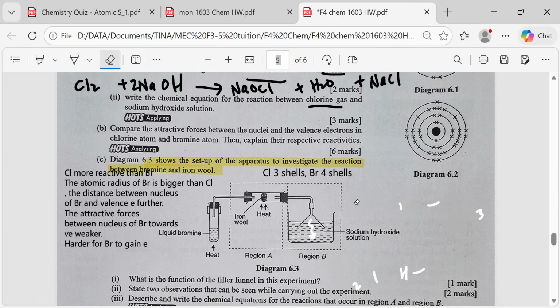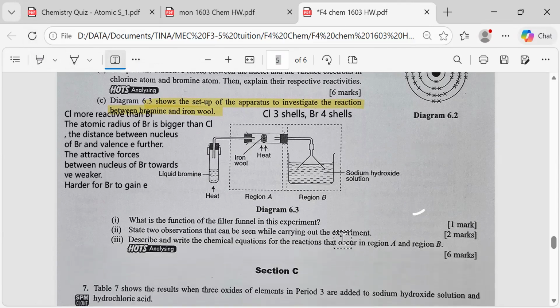But why do we have the funnel? Will this increase or decrease the surface area? Increase. So will it ensure all the excess bromine gas dissolves in the sodium hydroxide? Yes. Can you understand? It's for safety.